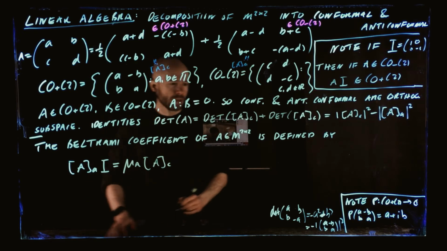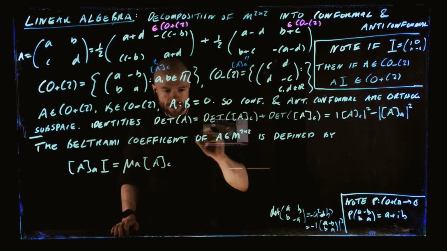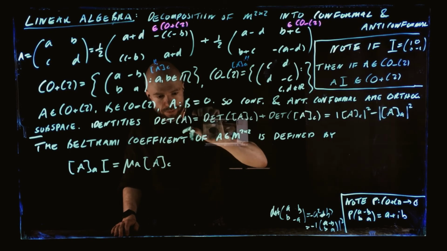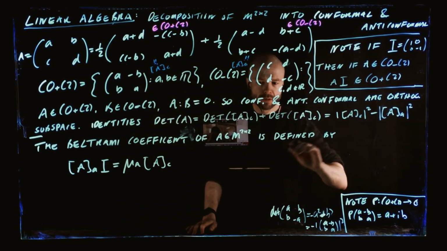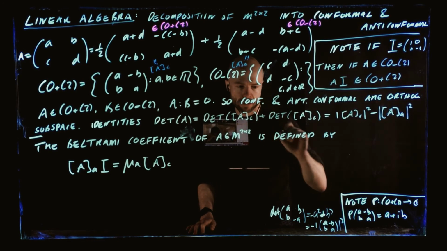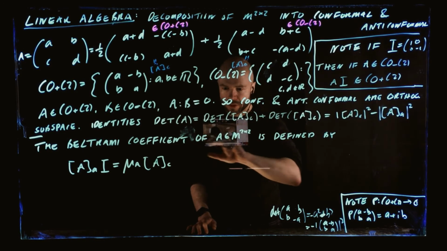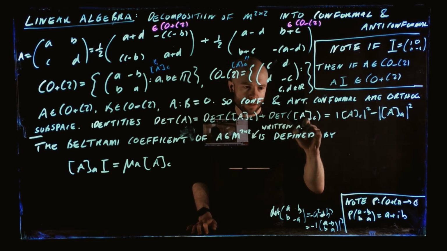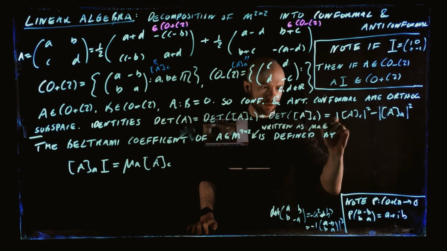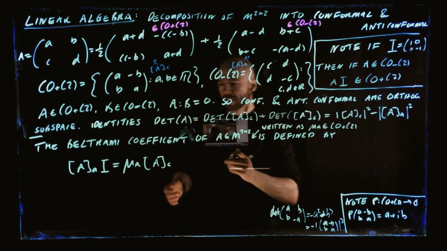The Beltrami coefficient, written as mu of A, belongs to the two-dimensional conformal matrices, like this.